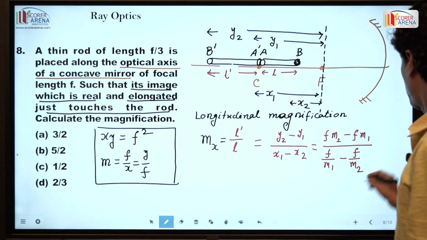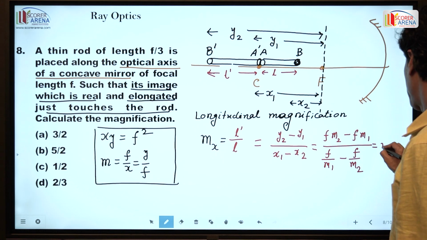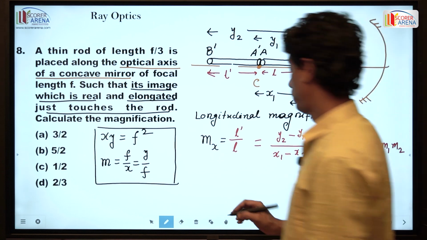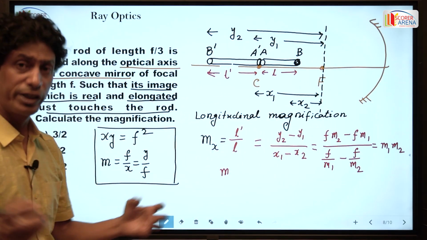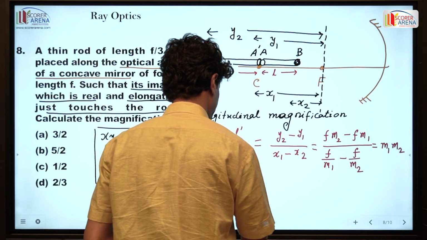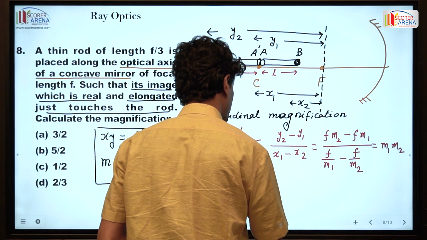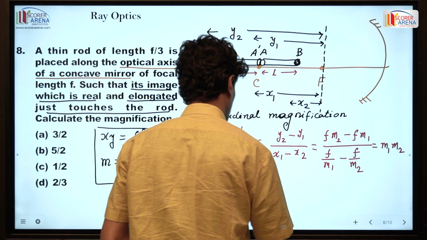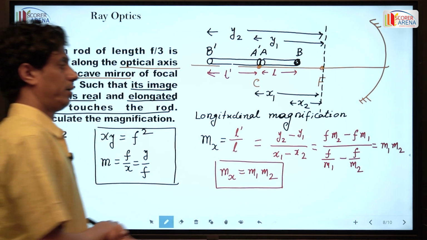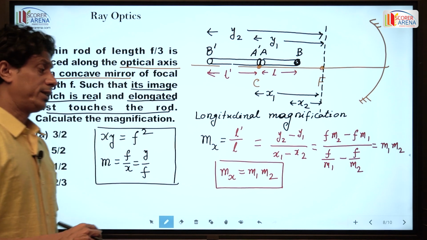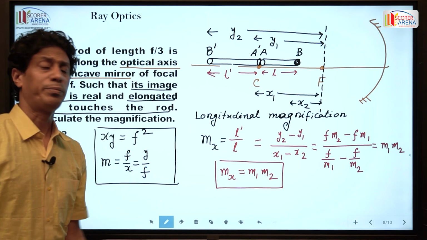So by simple calculation, it is m1 into m2. So the longitudinal magnification mx is equal to m1 m2. M1 and m2 are the transverse magnifications or linear magnifications.